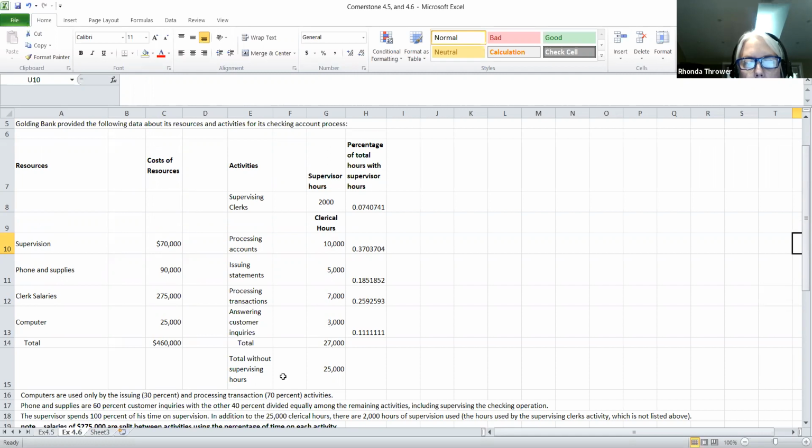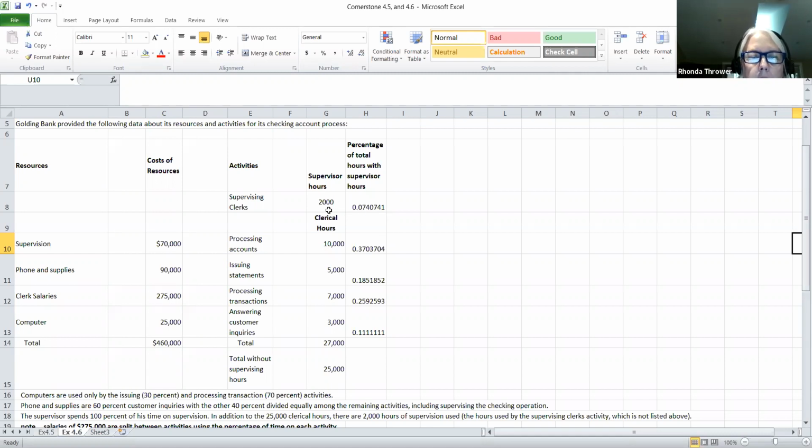And this, just to further explain that, I stuck this in here to say that the total hours without supervising is 25,000. If we wanted to, which they did not ask us to do, we could have assigned the cost based on the total hours. If we had done that, we would have made a ratio out of each one of the costs we would be working with.